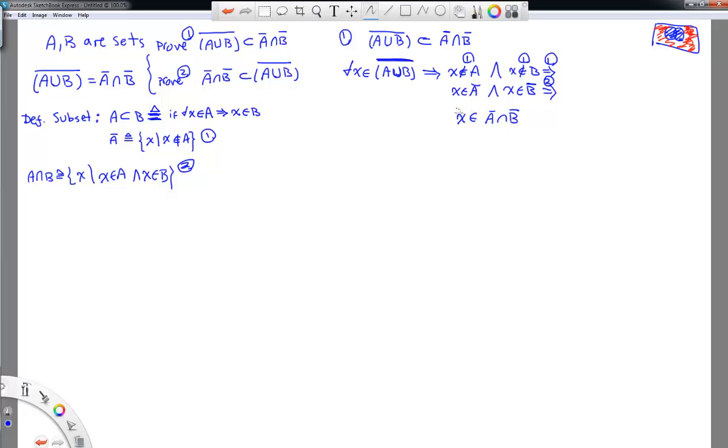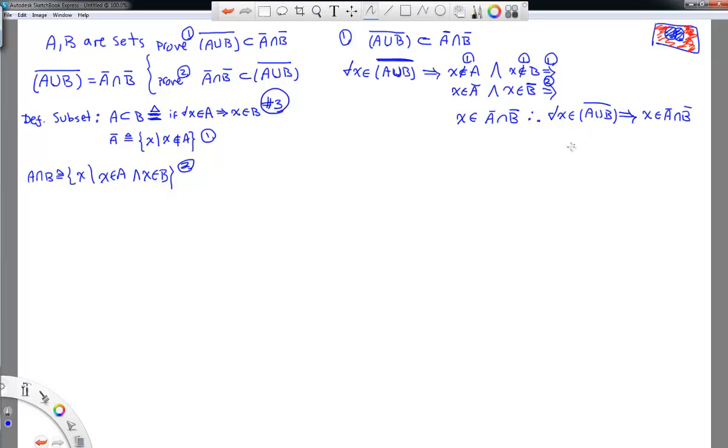Okay, now what happened here? Therefore, we started with every x from the complement of A union B, and we found out that x is in A bar intersect B bar. Voila! Definition number 3 is the definition of the subset.